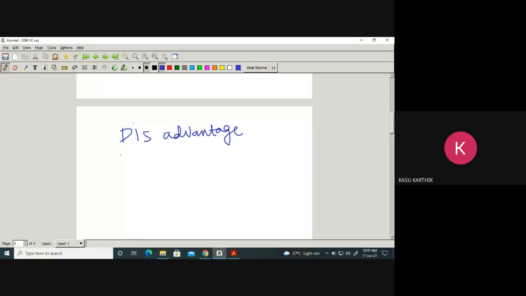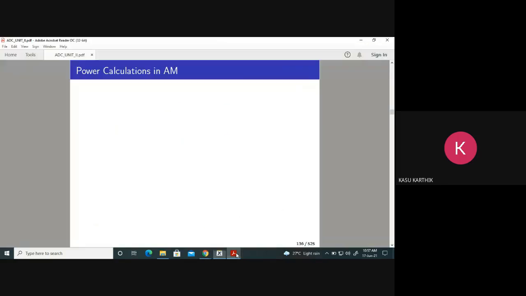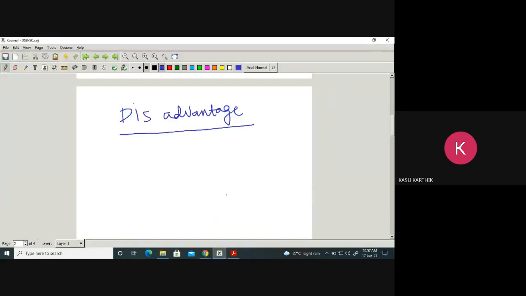After studying all these things, what can you say about the disadvantage of AM? What are we wasting here? It is bandwidth inefficient.